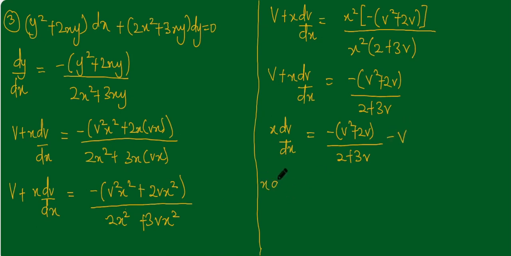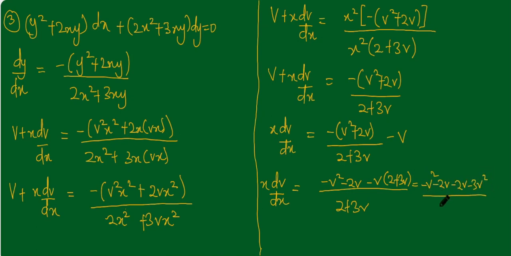So our x dv dx now becomes, we find the LCM of this, which is 2 plus 3v minus v squared minus 2v minus v into bracket 2 plus 3v.